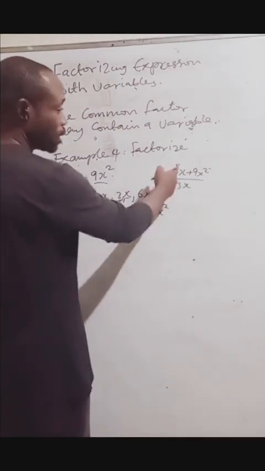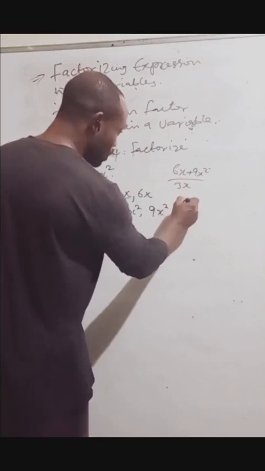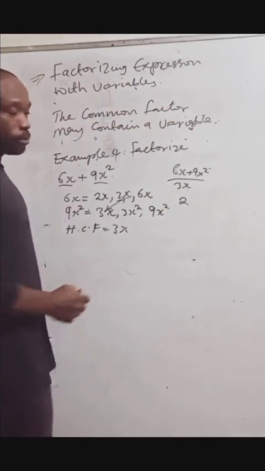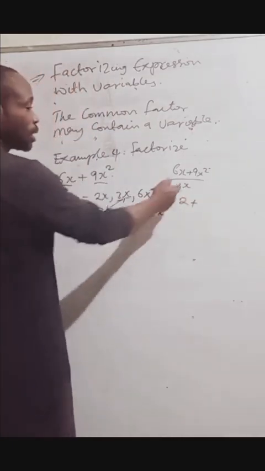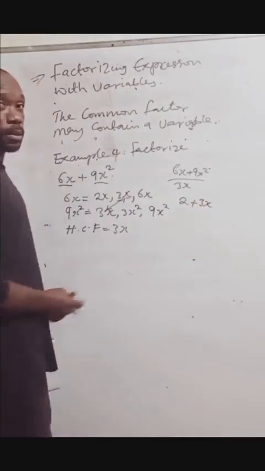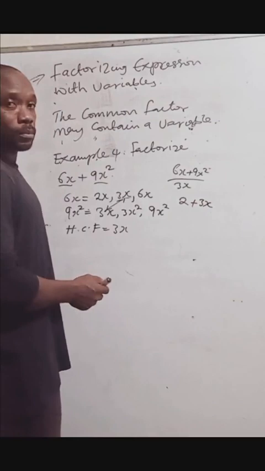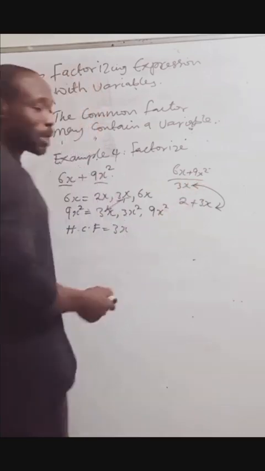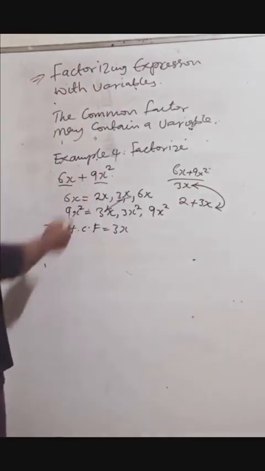So 3x into 6x is going to give us 2x. Sorry, it's going to give us 2. And 3x into 9x squared is going to give us 3x. So the product of these two values is going to be the factorized version of 6x plus 9x squared.